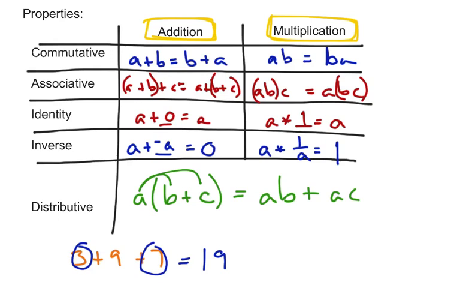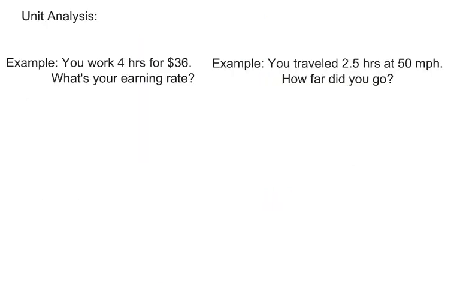For subtraction, if we subtract in different orders, say 3 minus 5, that's not going to be the same as 5 minus 3. It gives us a similar number, but they're opposites of each other. Just because it works for multiplication doesn't mean it's going to work for subtraction or division. We have to be careful of all that.